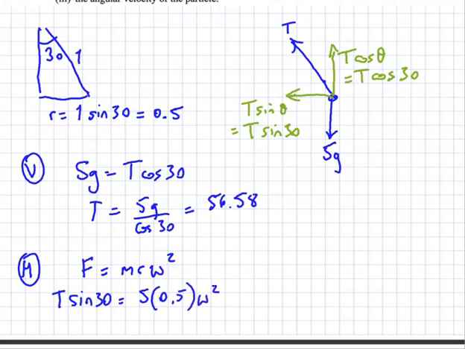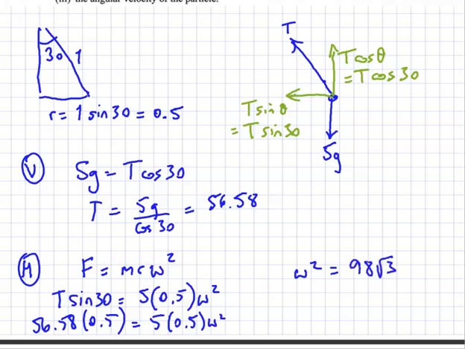Well, T sine theta is going to be 56.58 multiplied by a half. So we end up with omega squared being equal to, when you bang it out in your calculator, 98 root 3 over 15. And therefore omega equals 3.36 radians per second.